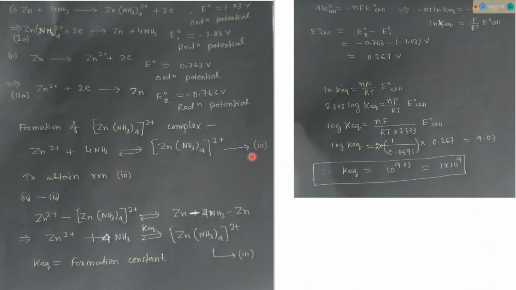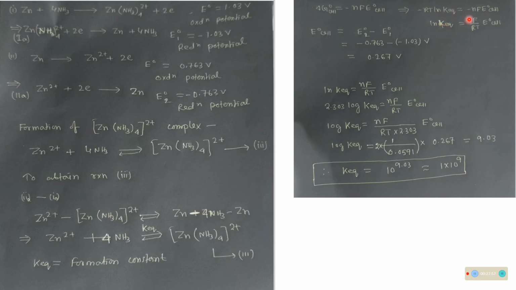So K equilibrium is the formation constant. K equilibrium means formation of this complex, and this is also the formation constant of the complex. So same as the last question, ΔG0 is equal to minus nF E0 cell, and it is equal to minus RT ln K equilibrium.